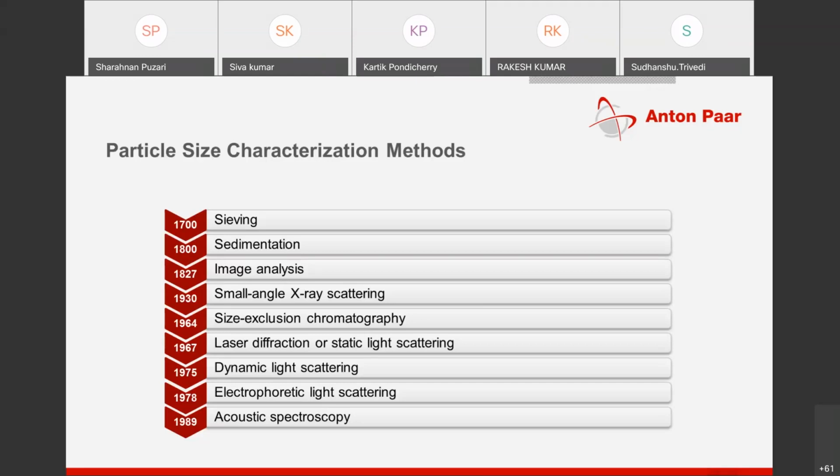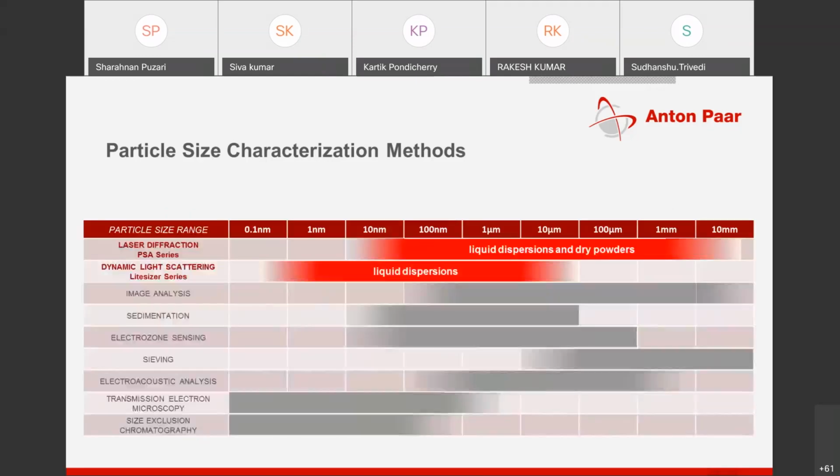All these instruments are available for measuring particle size. If I go a little further, this is particle size with respect to range, from 0.1 nanometer up to 10 mm, and you can select any of the instruments mentioned here.